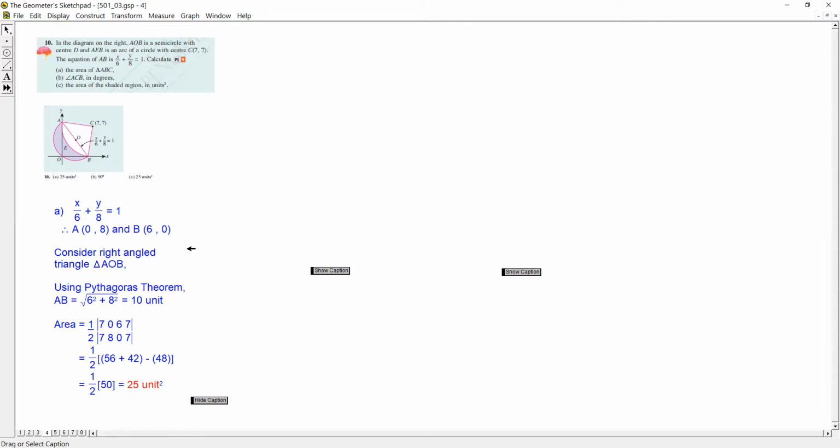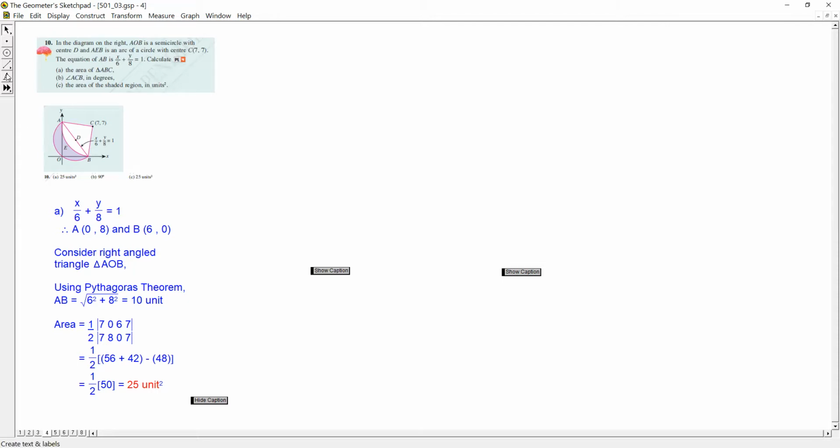Then I try to find the area of triangle ABC. This is the area of triangle ABC.